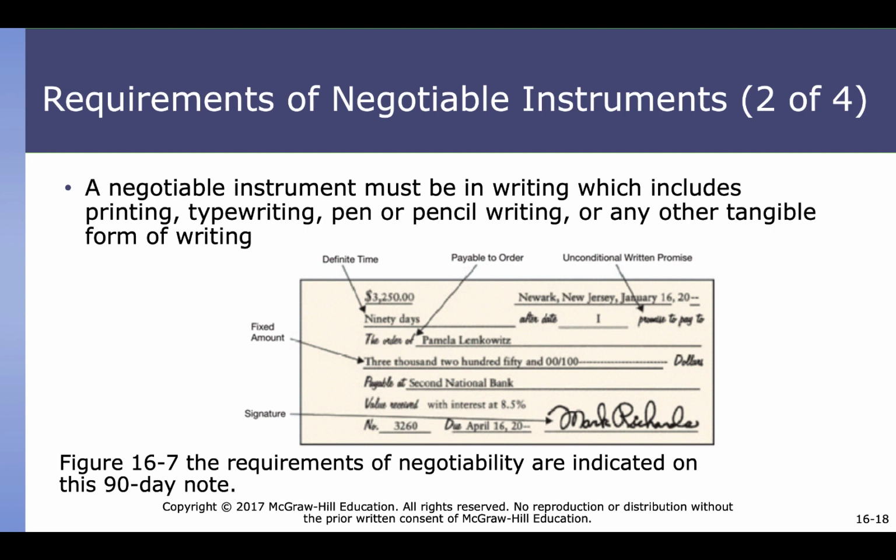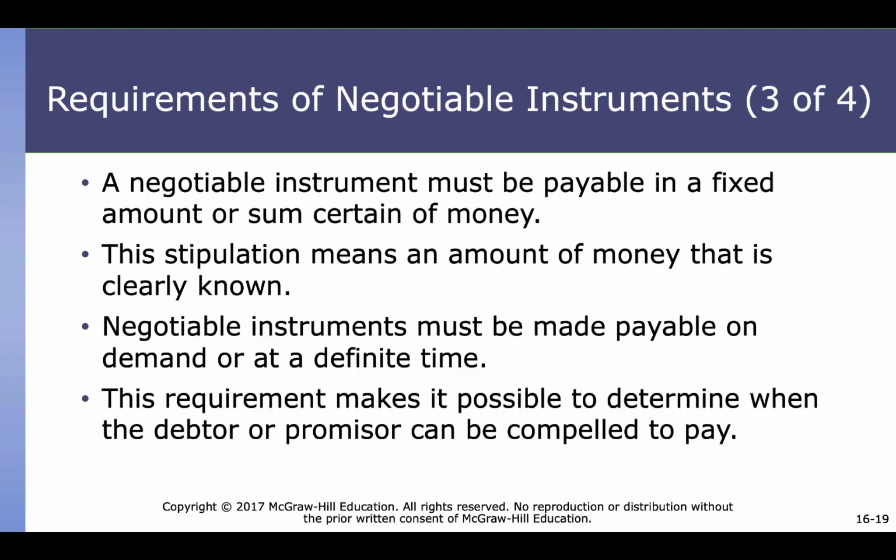So a writing can include any type of writing that we want to evidence a promise to pay. So printing, typewriting, pen or pencil, any other tangible form of writing. And a negotiable instrument, like we said, must be payable in a fixed amount or a certain sum of money.